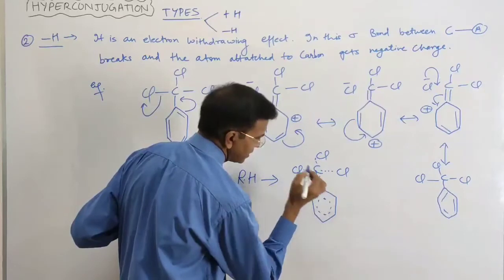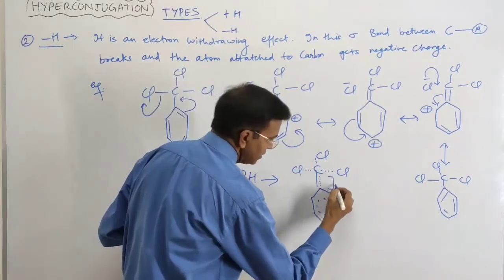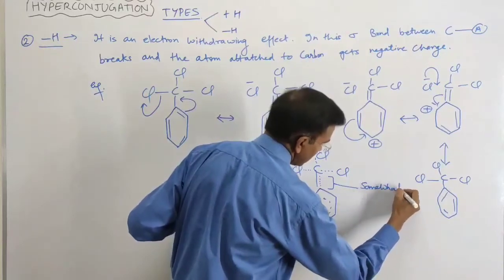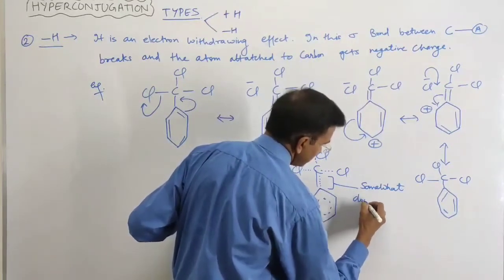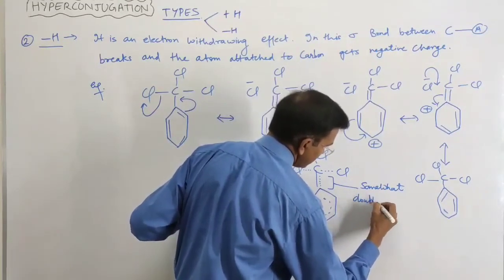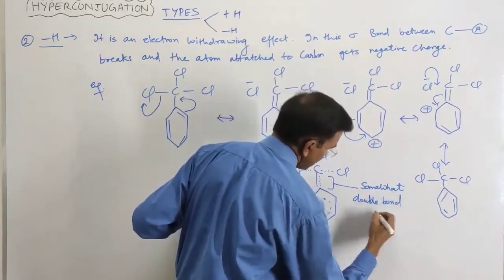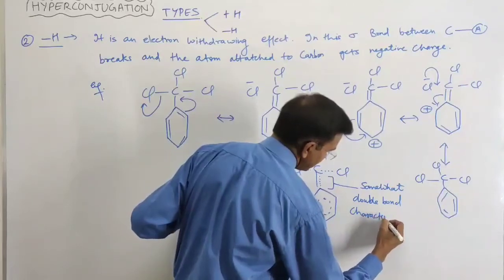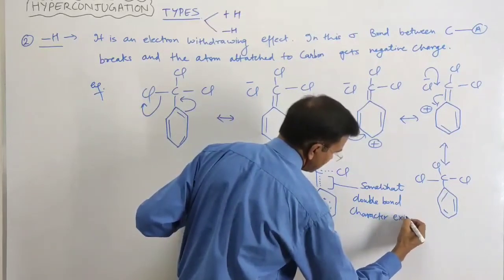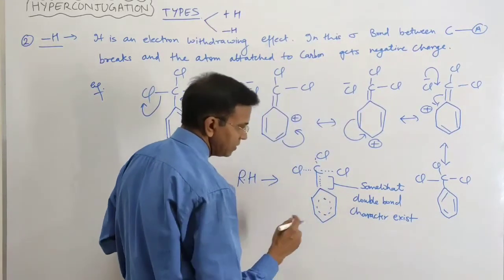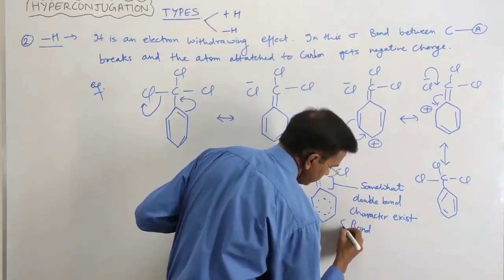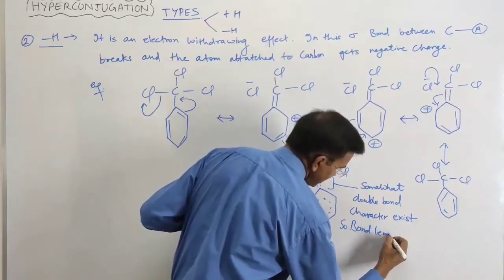And here is double bond character. So somewhat double bond character comes into existence. That's why the bond length decreases.